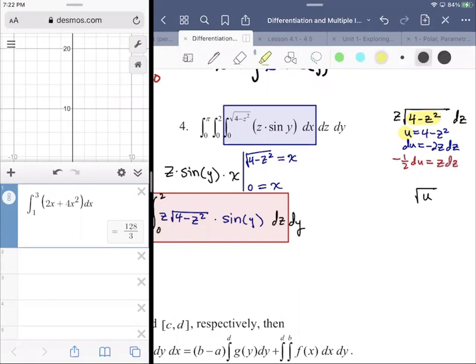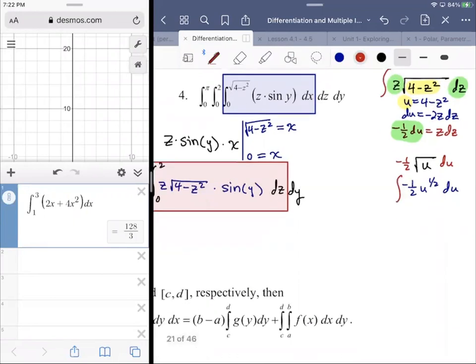Then I can replace these two things with this. So negative 1/2 du, so negative 1/2 u to the 1/2 du. We're looking to integrate. So the antiderivative here, increase the exponent by 1, it becomes 3/2.